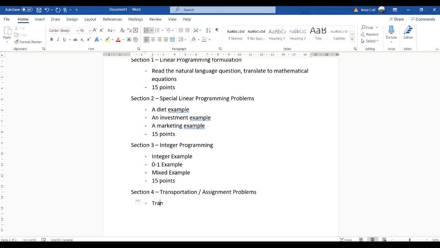There will be two transportation problems and one assignment problem.